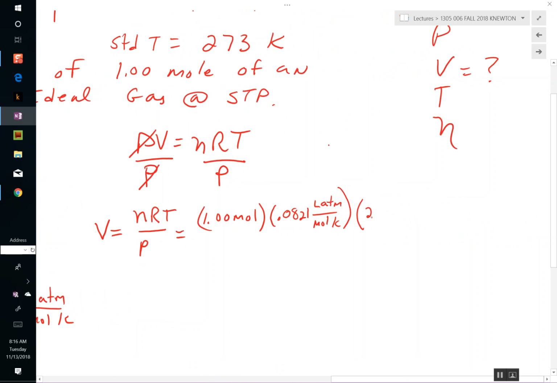Temperature is 273.15 Kelvin. Pressure is 1.00 atmospheres. And to just show how this all works out, the moles are going to cross out, the atmospheres are going to cross out, the Kelvin are going to cross out, and the only unit left right here is liters.